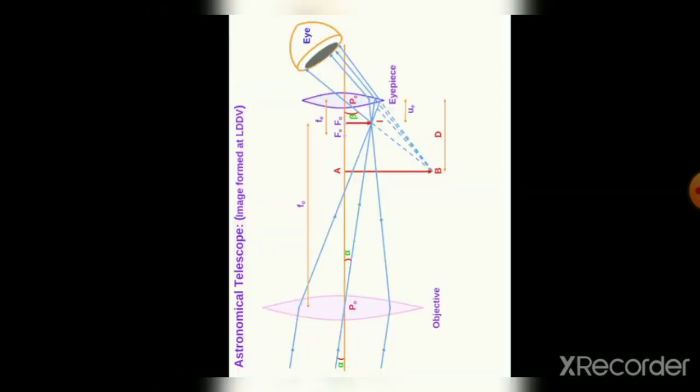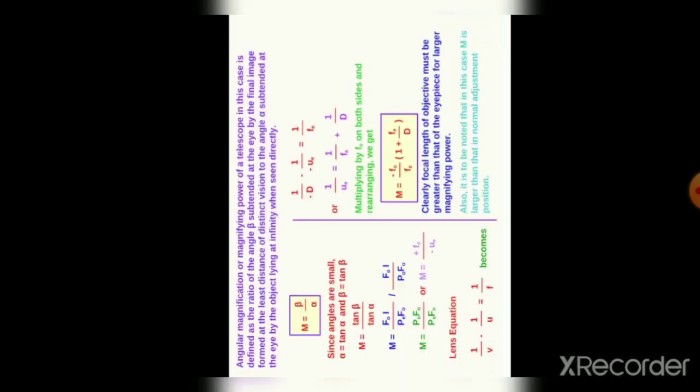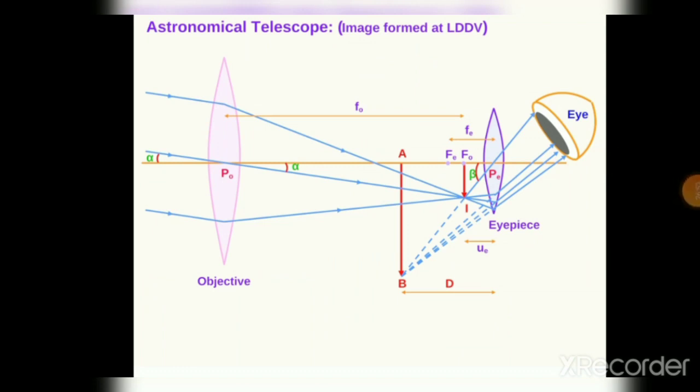The eyepiece can be moved to and fro in the telescope tube.